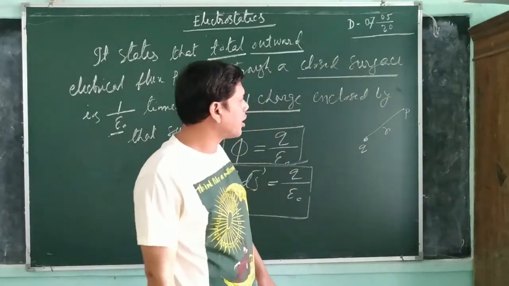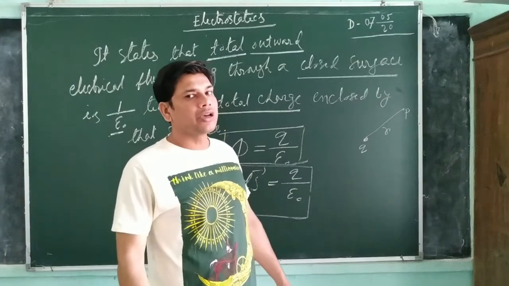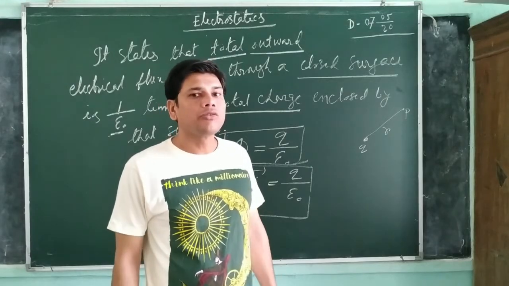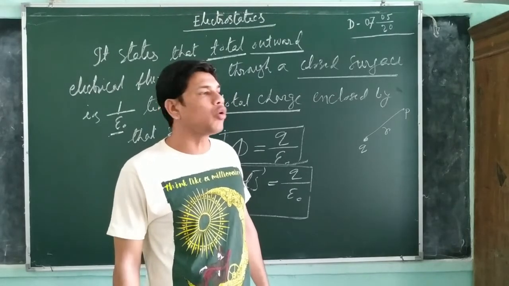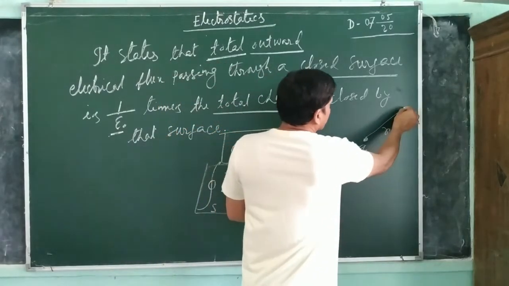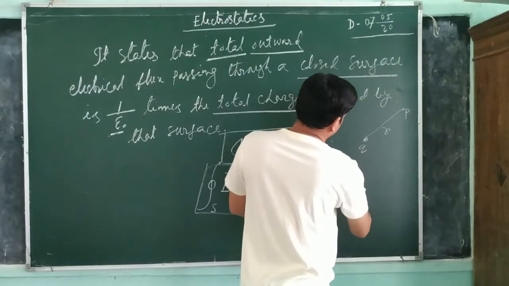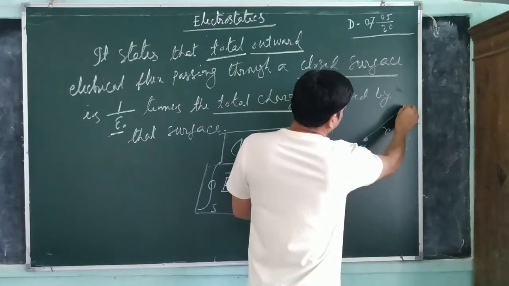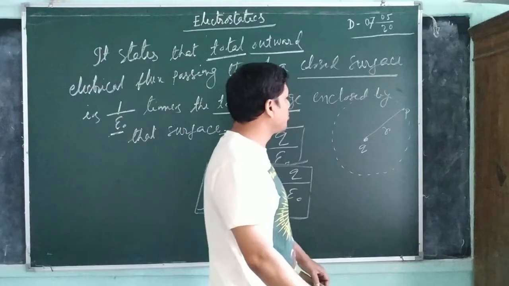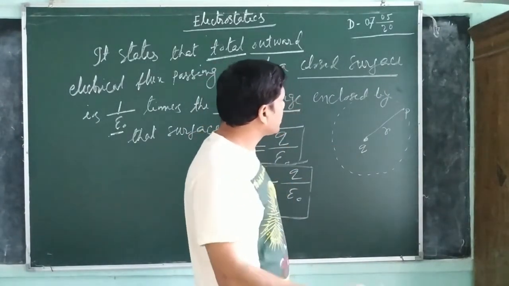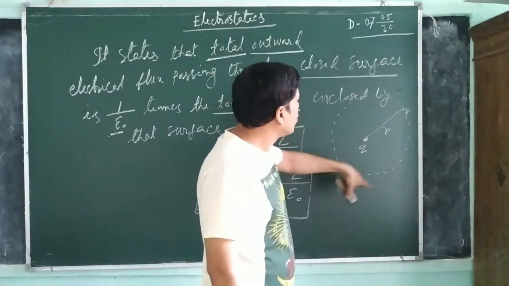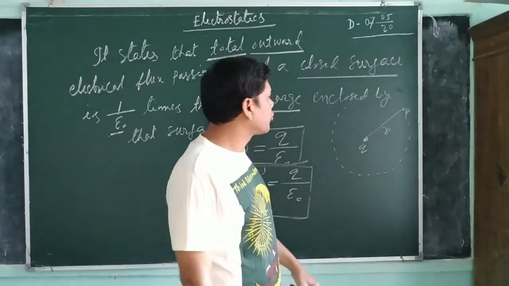Gauss theorem is applicable for closed surfaces, so first we have to draw a closed surface like this, such that this distance is the radius of this hypothetical Gaussian surface.